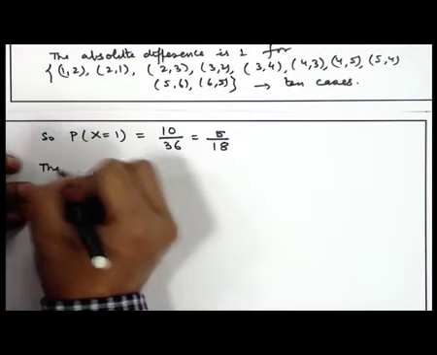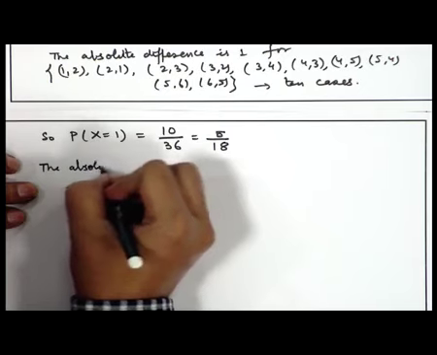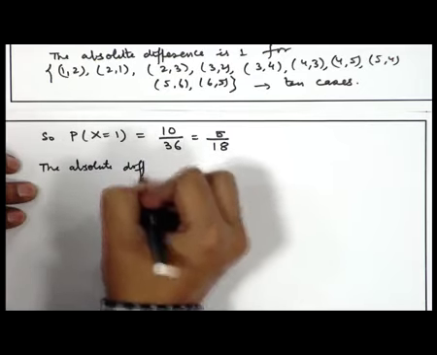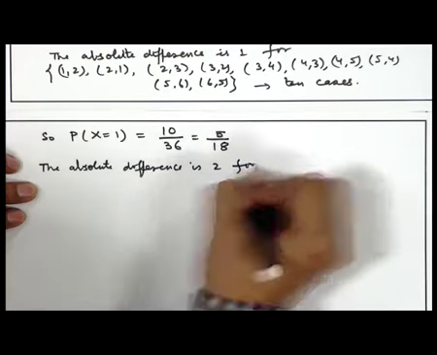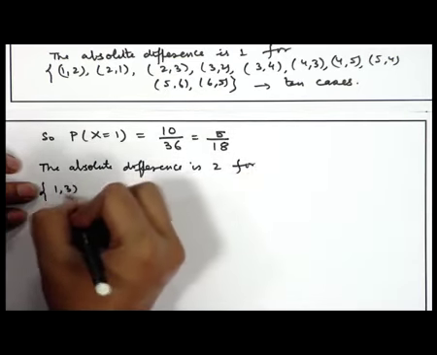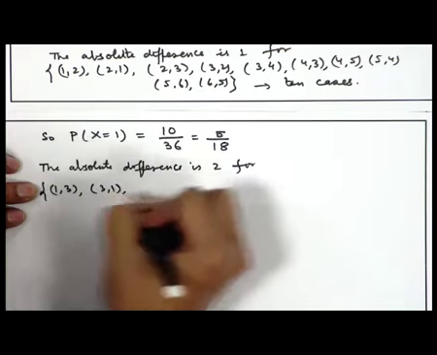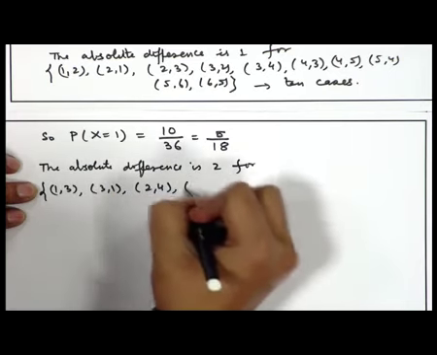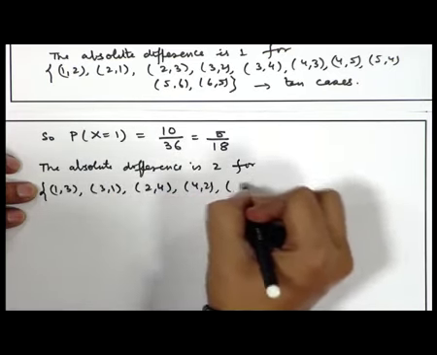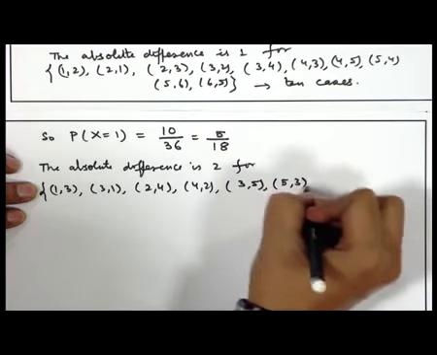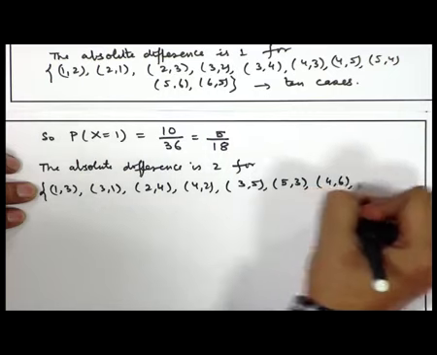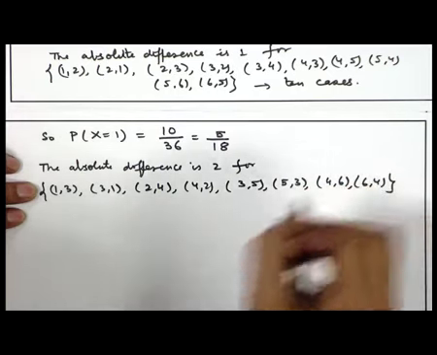Now let us look at the absolute difference 2. 1 3, 3 1, 2 4, 4 2, 3 5, 5 3, 4 6, 6 4.